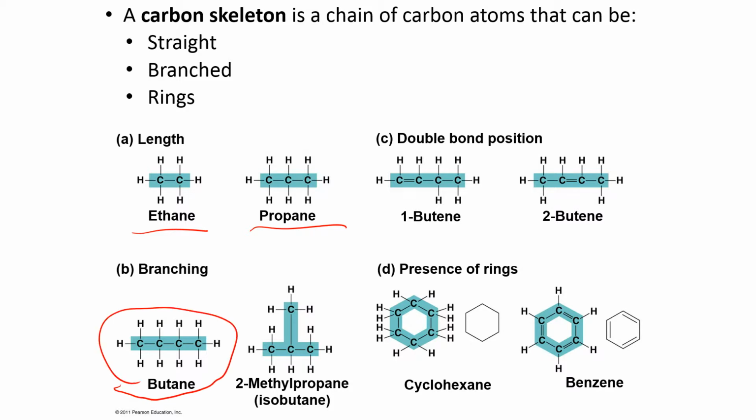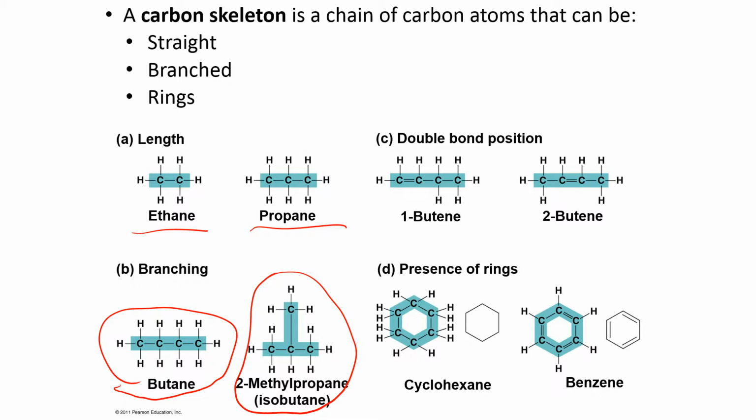But then notice that one of the carbon atoms changes its position so that it forms this T shape. This is what we call isobutane. So it goes from being linear to branching. It's kind of like a straight limb on a tree, and you have a stem branching off of it.